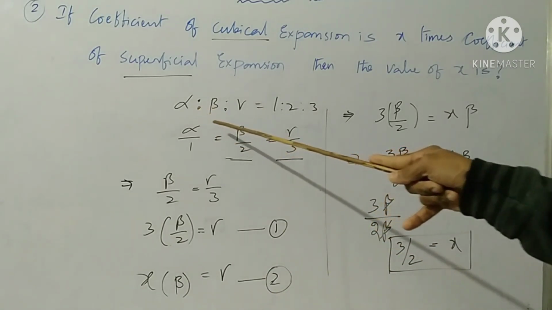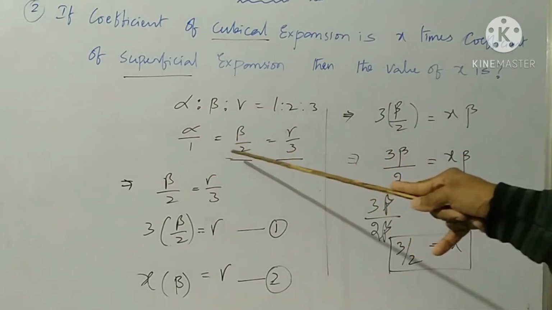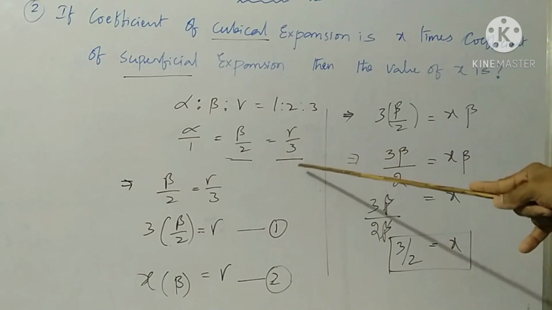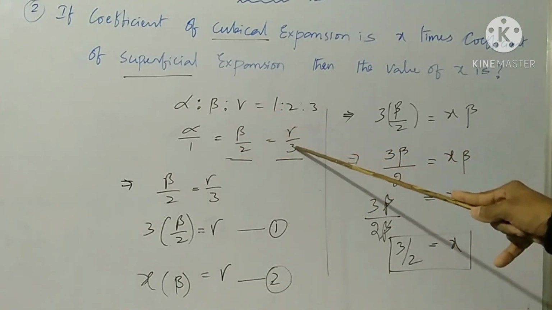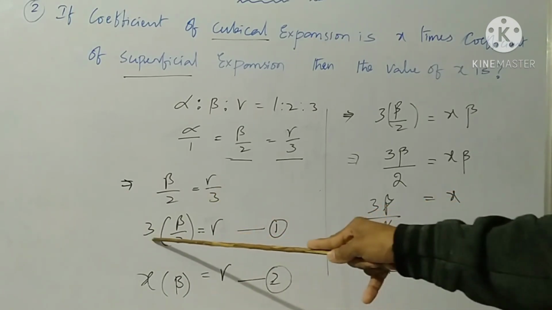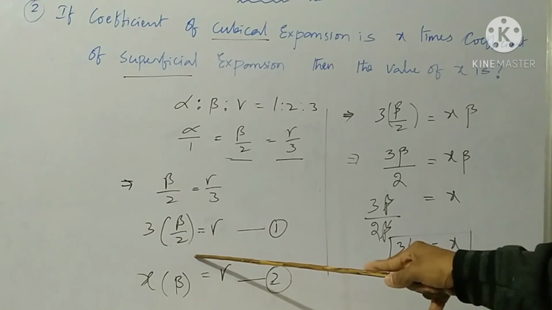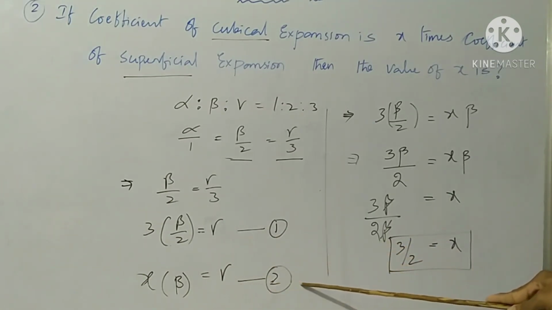We know the relation alpha, beta, gamma is 1:2:3. Here alpha by 1 is equal to beta by 2 is equal to gamma by 3. By these relations, beta by 2 is equal to gamma by 3. Transposing this 3, gamma is equal to 3 into beta by 2. This is the first equation, and by the given data this is the second equation.